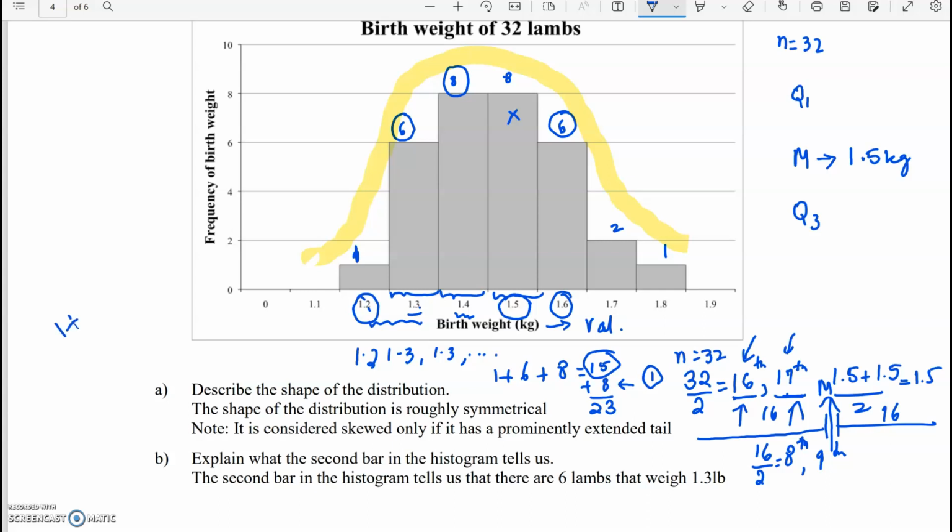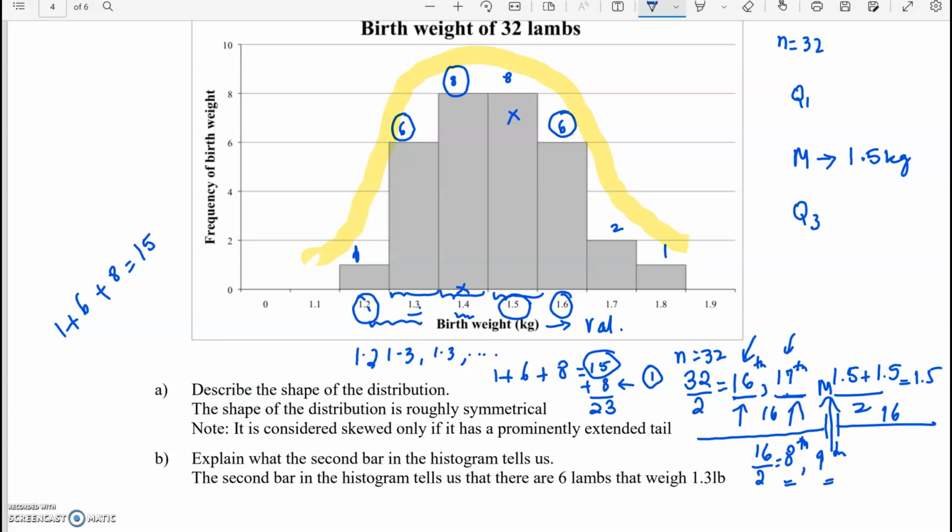So 1 plus 6 plus 8 is 15. Therefore the 8th and the 9th numbers lie in the third bar, which is 1.4 kilograms.